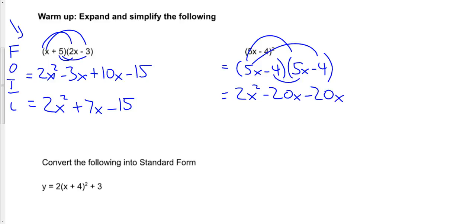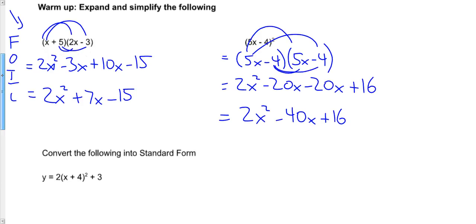Finally our last terms, negative 4 times negative 4, will give us positive 16. So again, we collect our like terms, and we end up with 25x squared minus 40x plus 16. That's just a review of multiplying two binomials together.